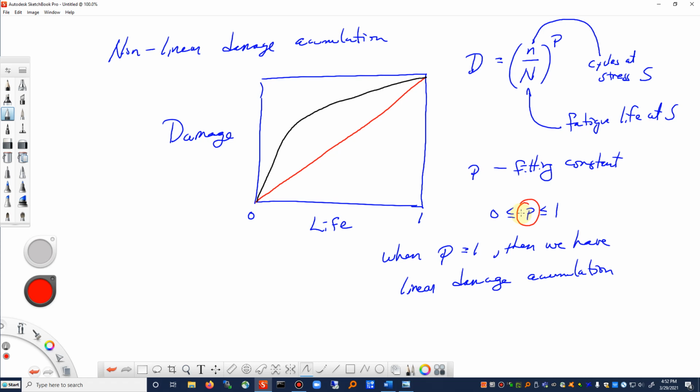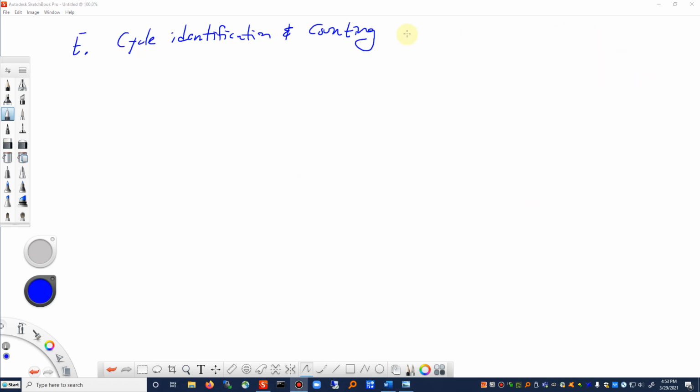Now, the last part of this will focus on cycle identification and counting. So we've talked about damage parameters, and calculating the particular things that go into the damage parameter, stress analysis, maybe finite element analysis.